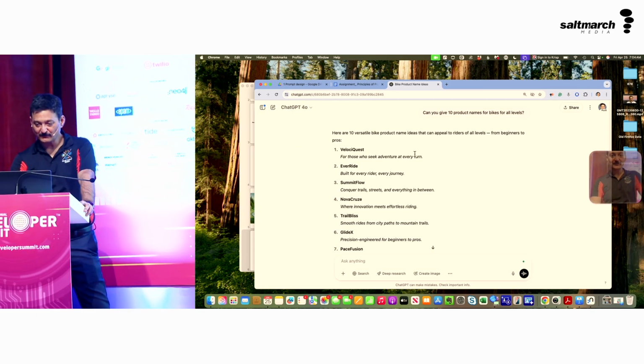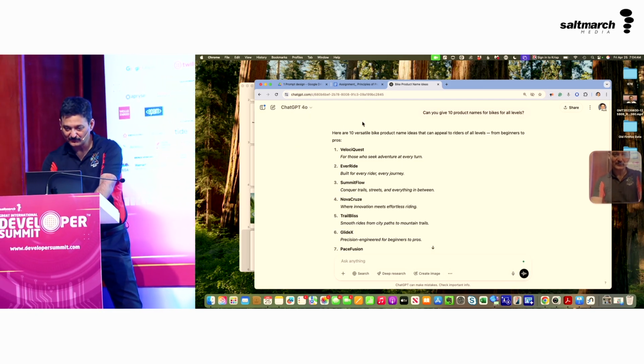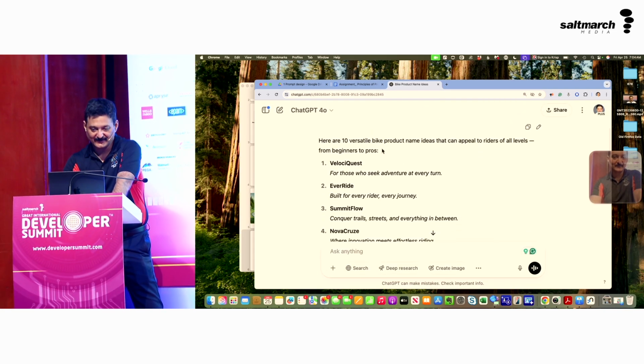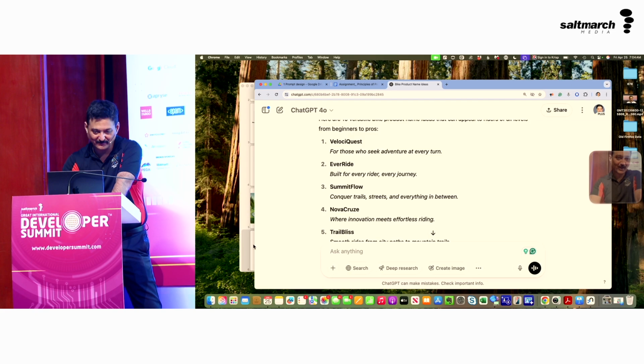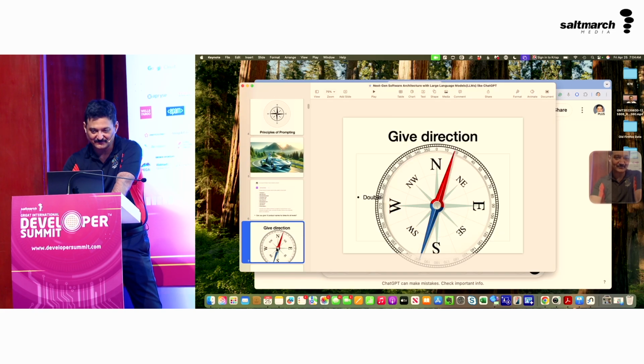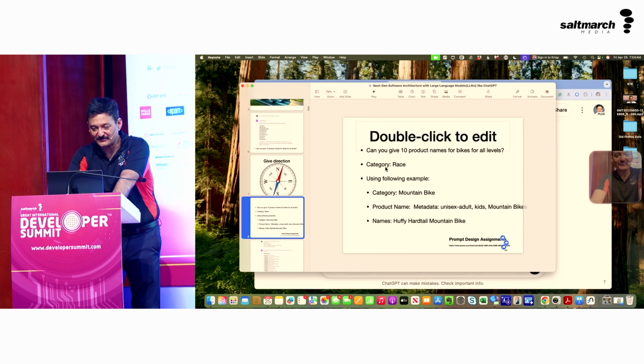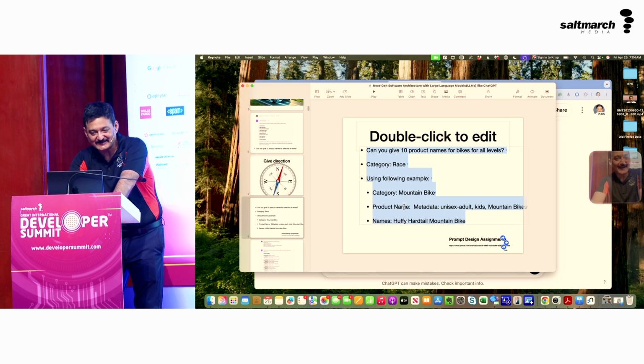So what I just did is use this, and for example, I asked, can you give me 10 products? It gave me 10 products, but the problem is that it did not give me any direction. Direction is missing. So how do I add the direction? I'm going to say, hey, give me the product with these categories, with this example.